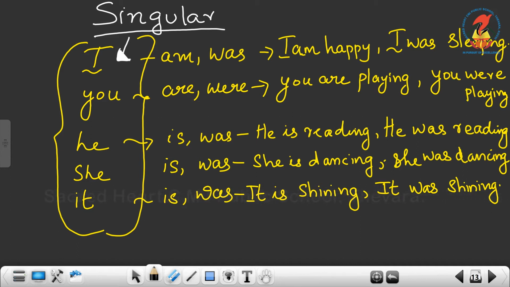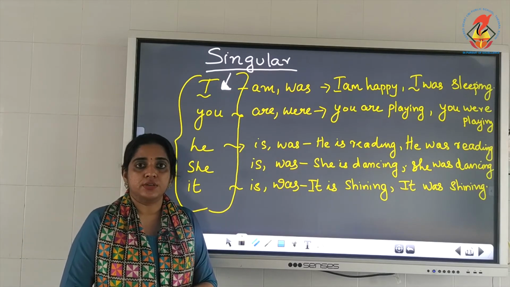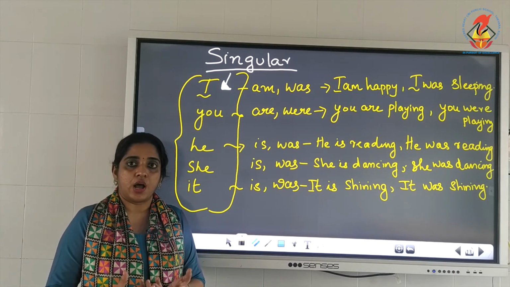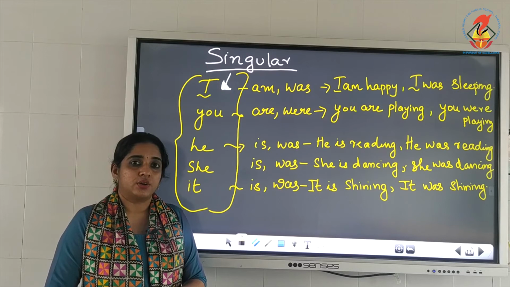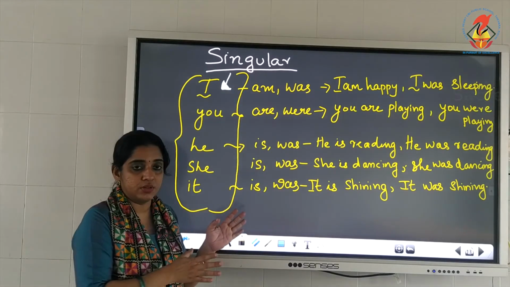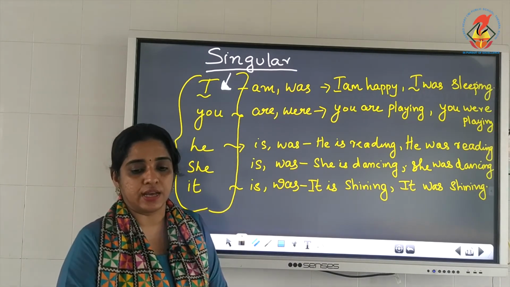She is dancing, she was dancing. It. It is shining, it was shining. So here, these are something which you already know, is it? For singular, you should use is or are or was or were. It's already something that you know. But when you study as rules, you have to focus on this. Okay, now coming to the exercise.